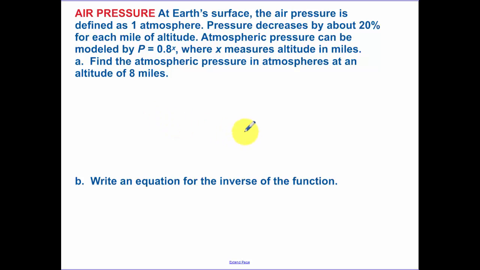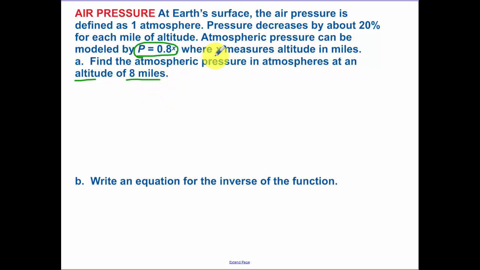Okay, our next example. At Earth's surface, the air pressure is defined as 1 atmosphere. Pressure decreased by about 20% for each mile of altitude. Atmospheric pressure can be modeled by this equation. So pressure is equal to 0.8 to the x power, where x is altitude in miles. Find the atmospheric pressure in atmospheres at an altitude of 8 miles.